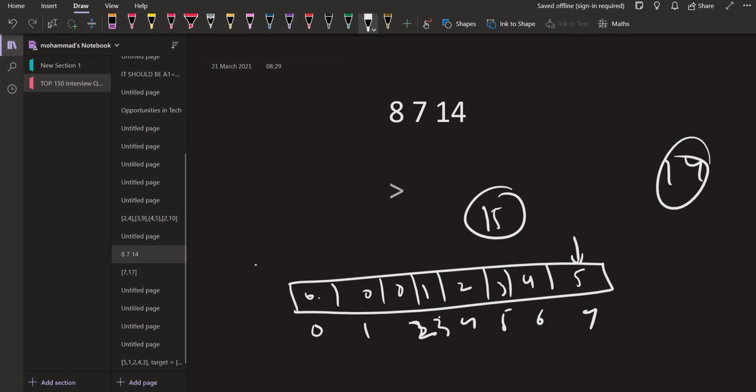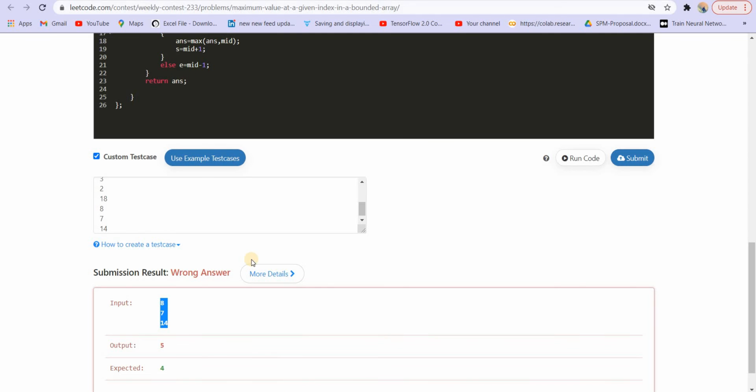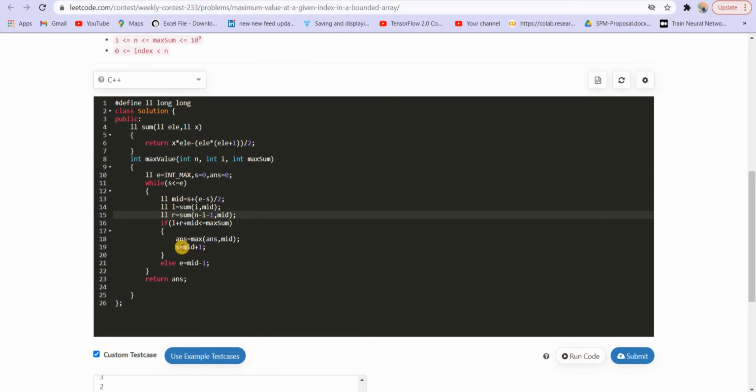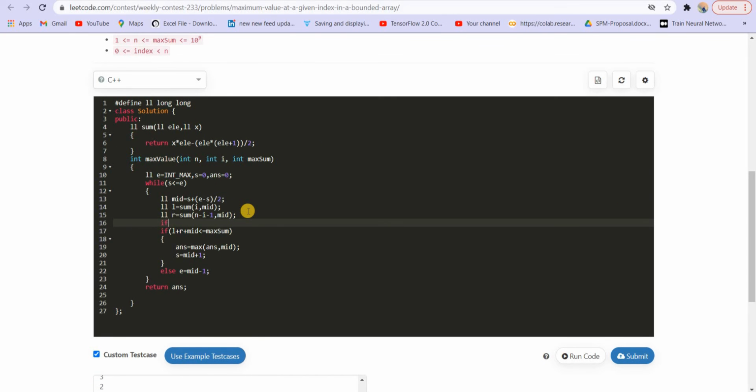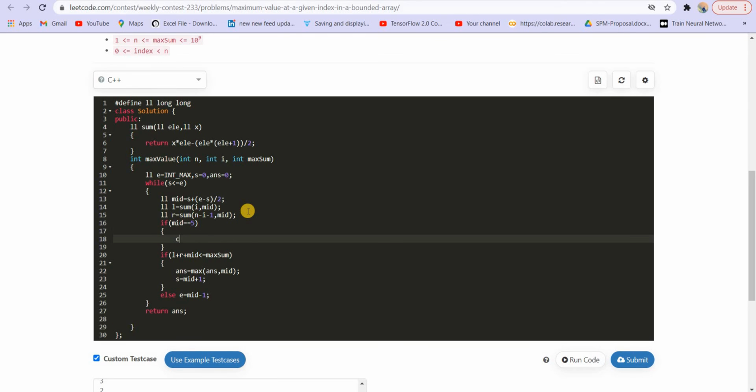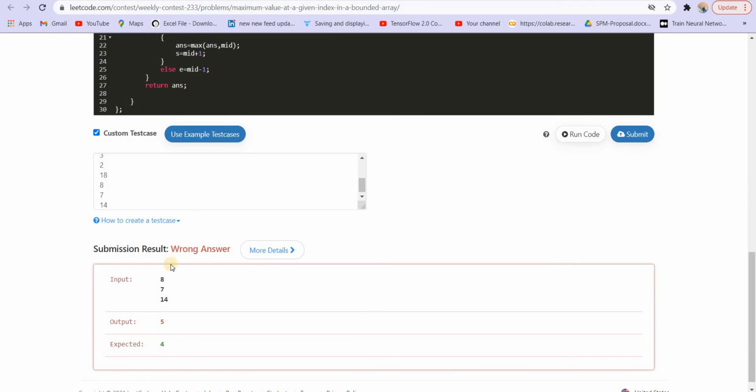So let me just print out what is my left summation and what is my right summation when mid is equal to 5. So if mid is equal to 5, print out L and R for this particular test case.